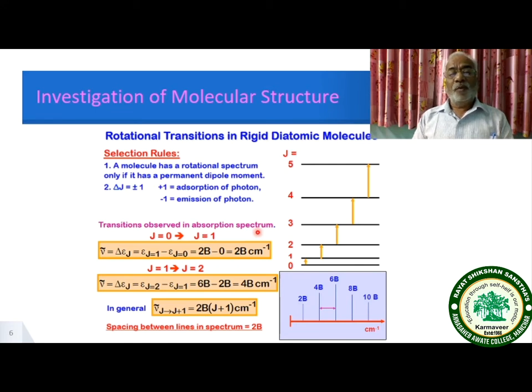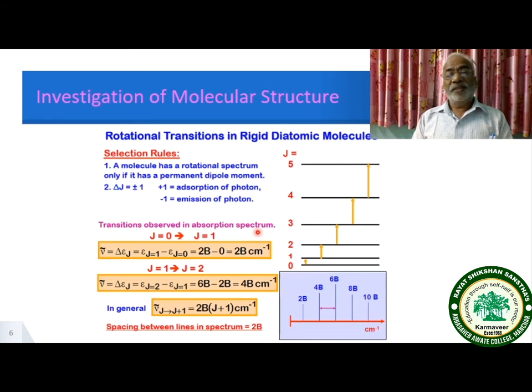Absorption means from one of the lower energy states to the next energy state. Minus 1 means from one of the higher energy states to the next lower energy state, meaning from 4 to 3 or from 3 to 2. And for plus 1, from 0 to 1 or from 1 to 2 or from 4 to 5.